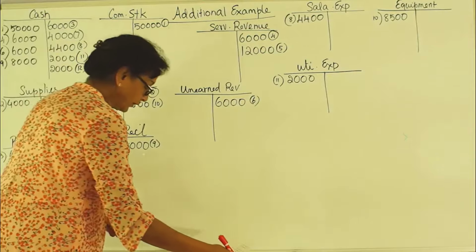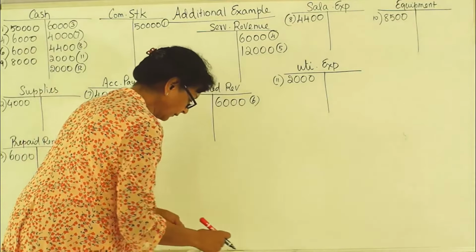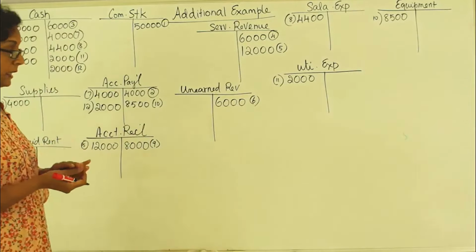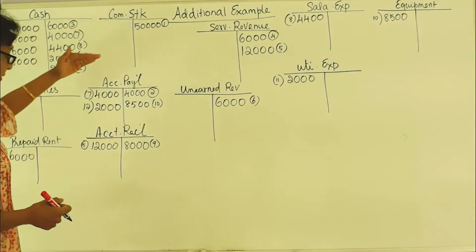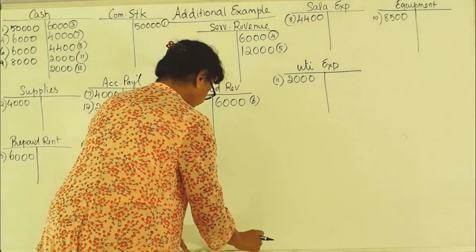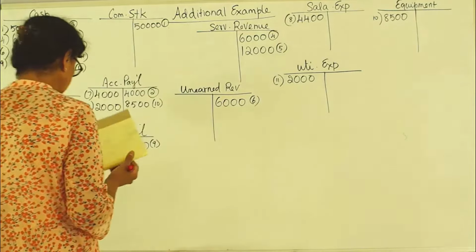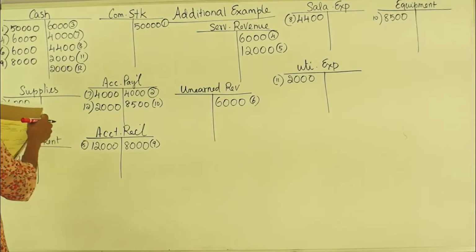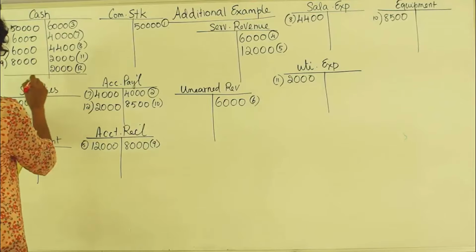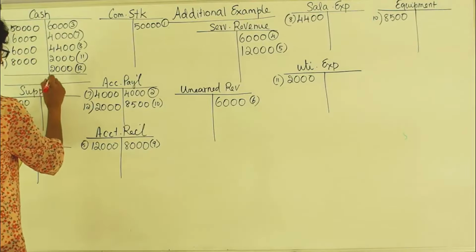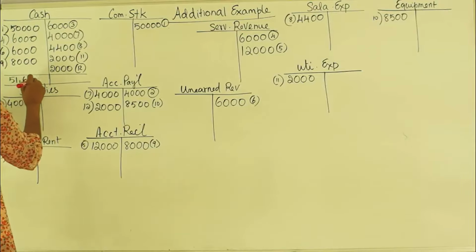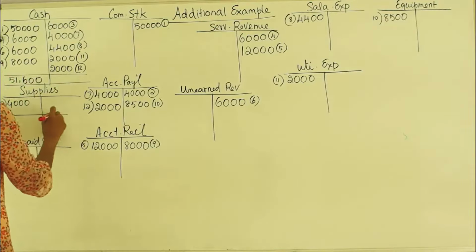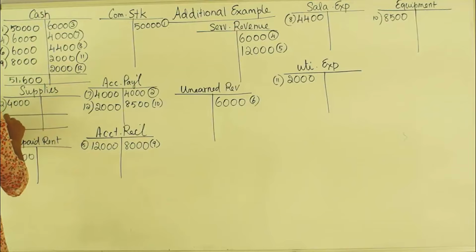So now we have entered all the transactions for the month of June, and now the next step is to prepare the balances in each account. So now in the cash account the balance would be 51,600. Office supplies, the balance would be 4,000.